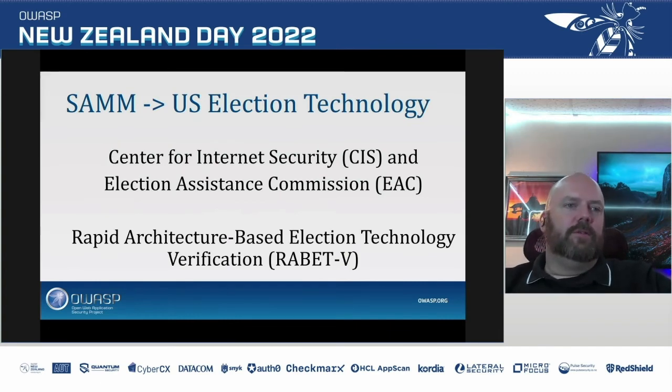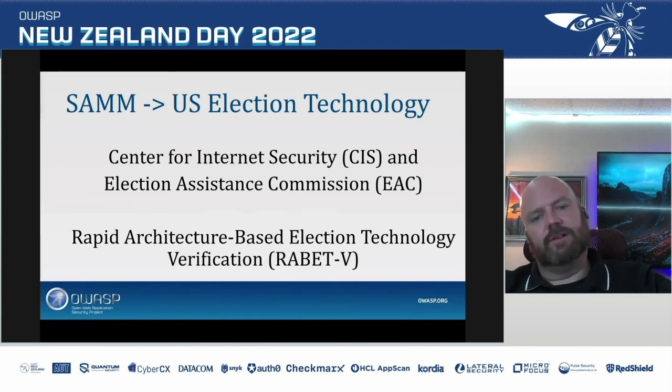So I also wanted to give you one other quick example of how we've used SAMM within different organizations. In the US, we're looking at a pilot program called RABET-V, the Rapid Architecture-Based Election Technology Verification.